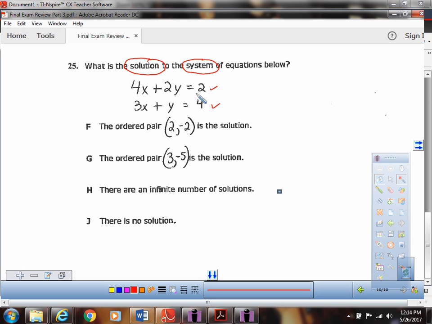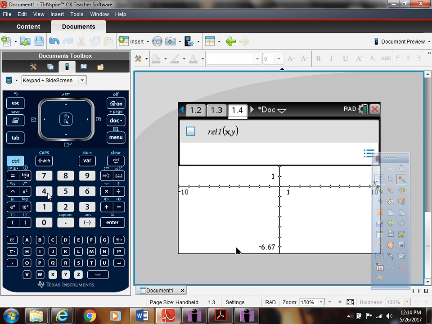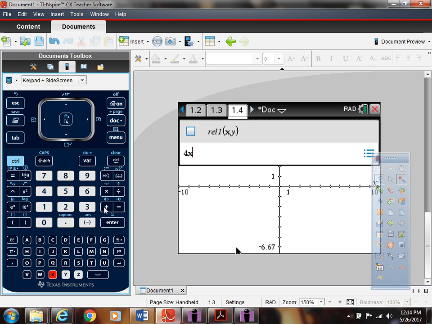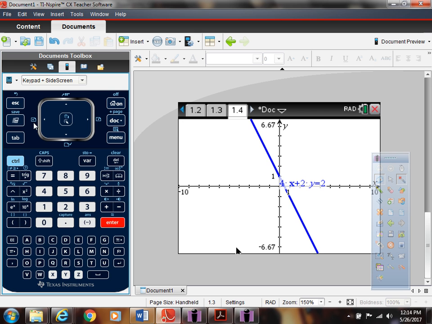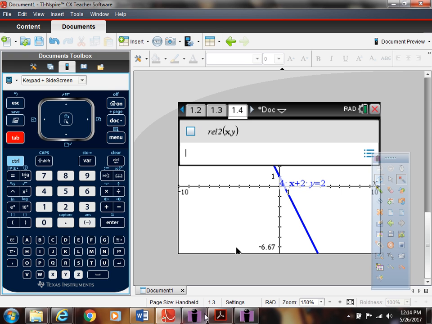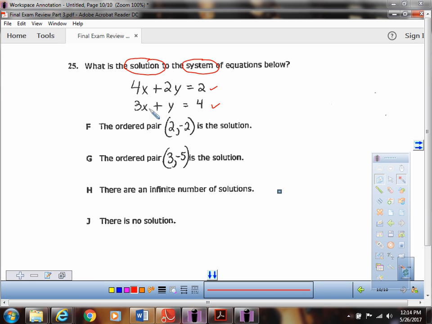The first one is 4x plus 2y. You need to use relations. 4x plus 2y equals 2. Hit the tab key, and then you type in the next equation. So again, you need to be practicing with me. 3x plus y equals 4.